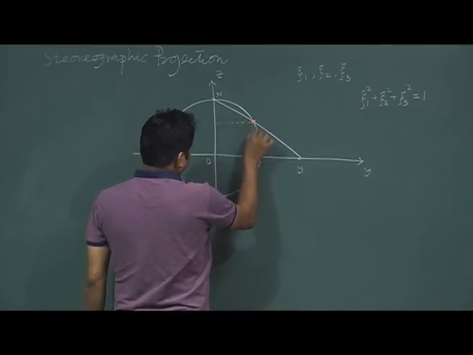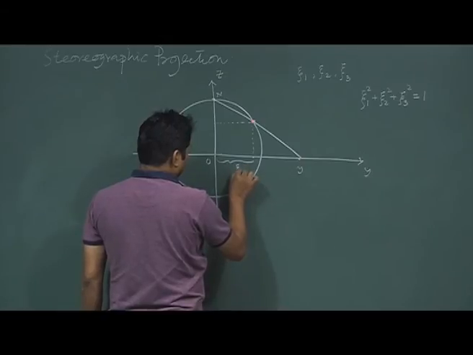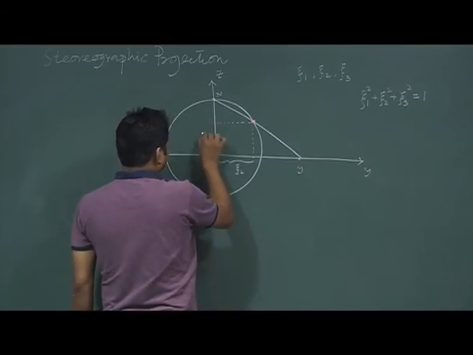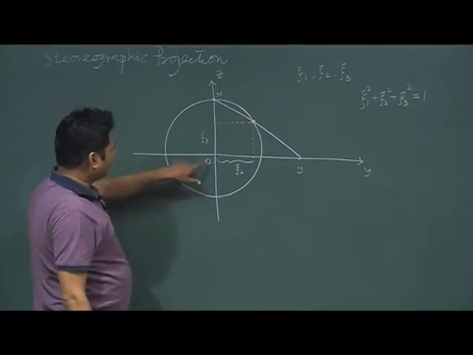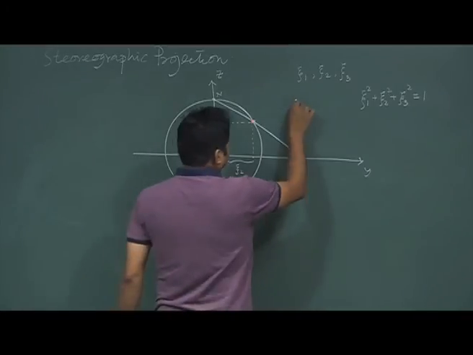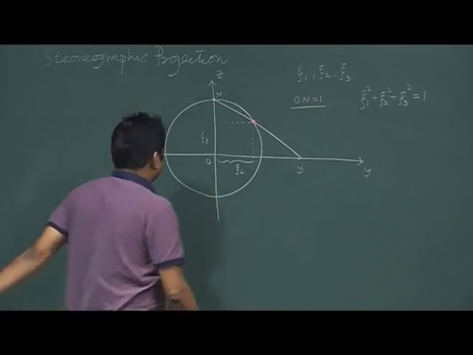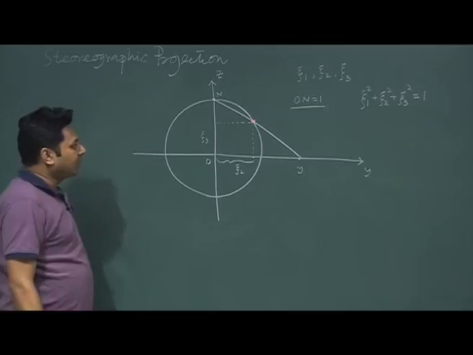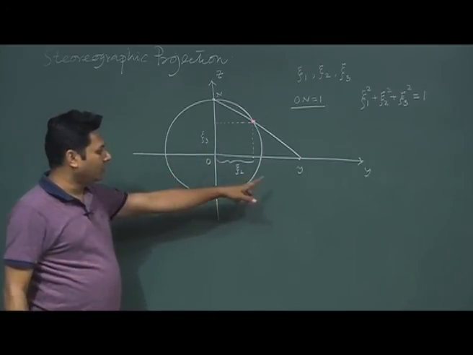From here to here this is psi 2, and from here to here this is psi 3, and this ON is equal to 1, the length is 1.